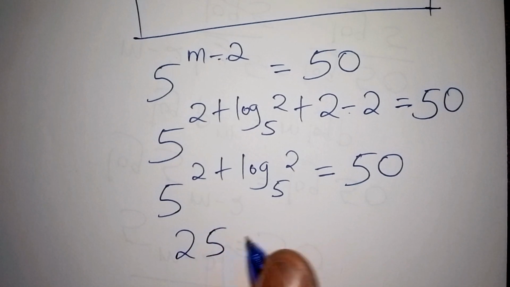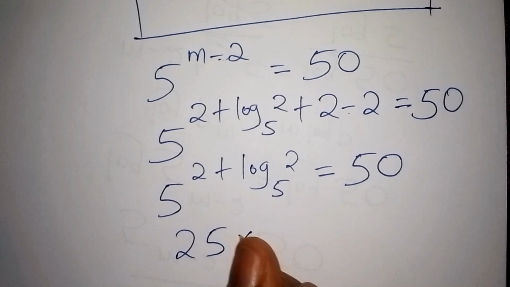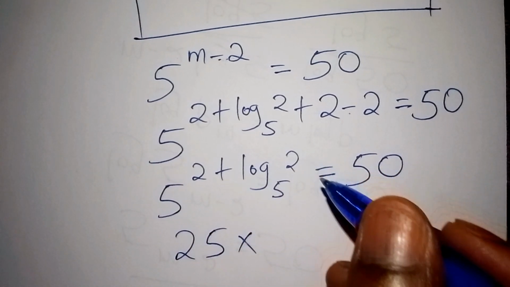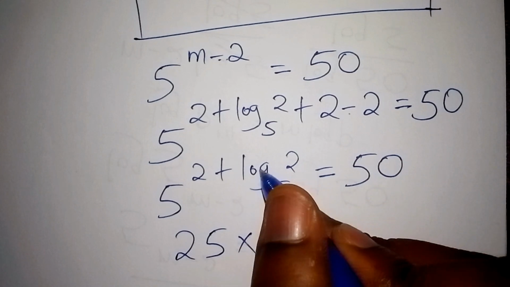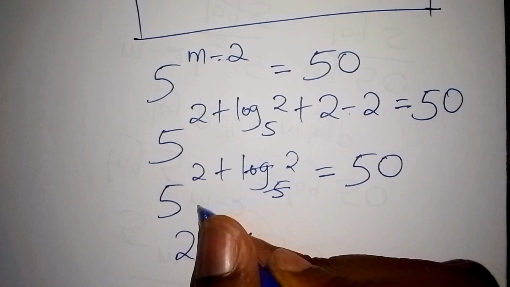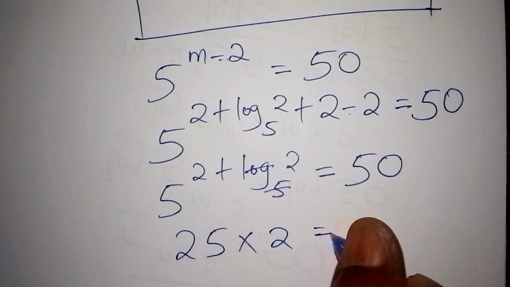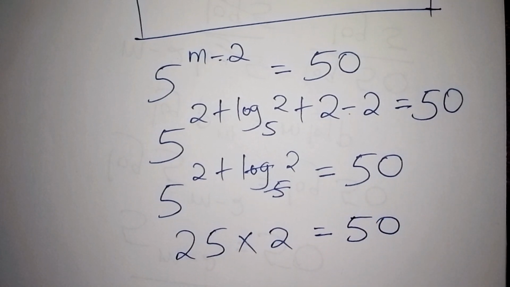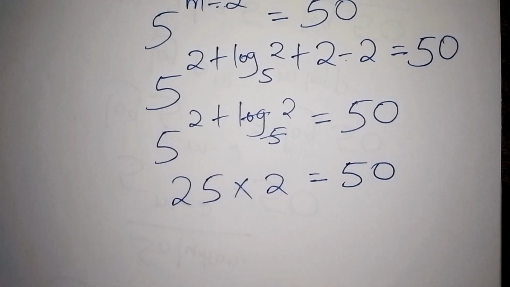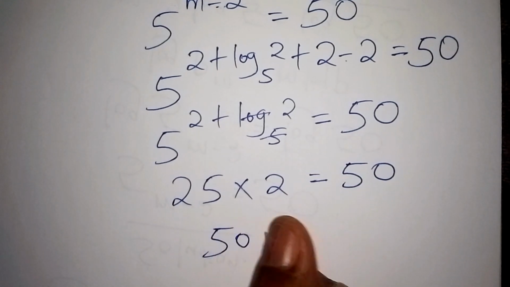The plus shall now change to multiplication. So the log to the base of 5 shall cancel with 5. Now we remain with 2 on this other end, is equal to 50. So 25 multiplied by 2 is 50. So now we have 50 is equal to 50.